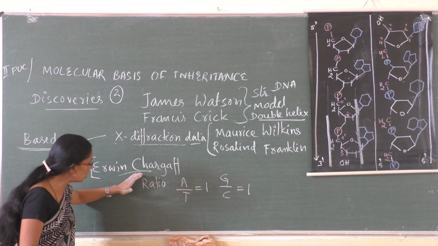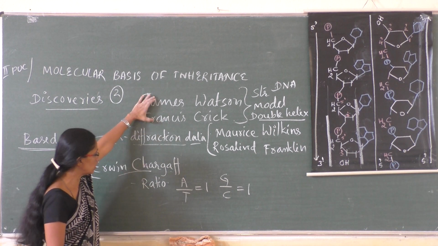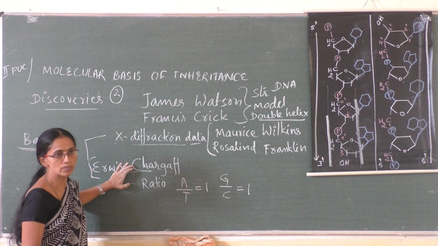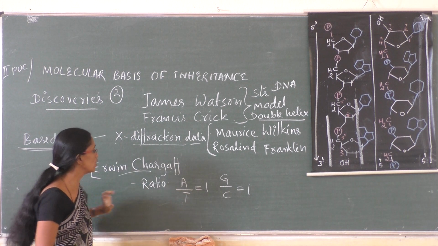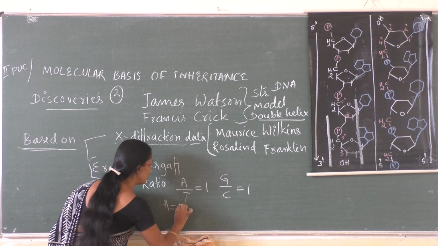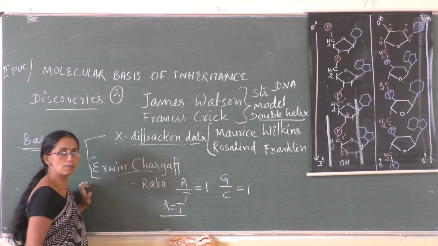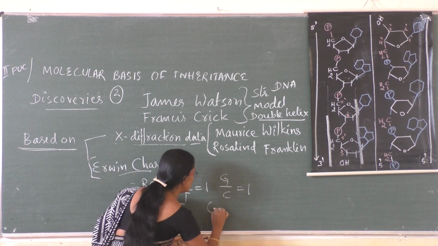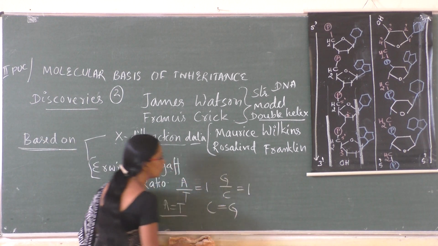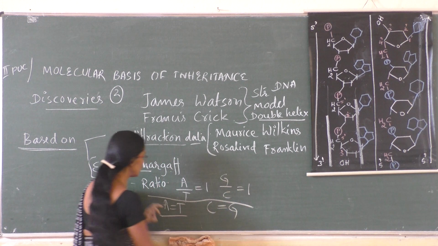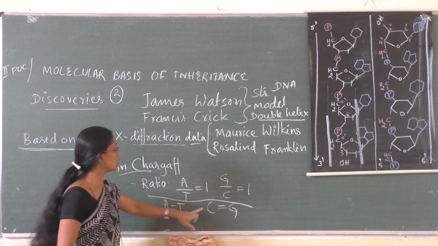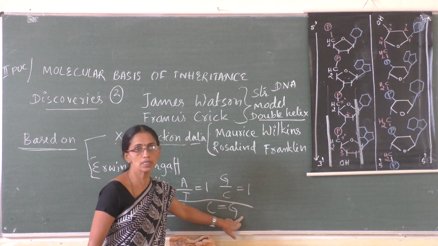So scientists took information from these two scientists. It is told that A is equal to T. In a DNA, how many A are there? The same amount of T are there. And how many C are there? The same amount of G. A, T, C and G are the nitrogenous bases.